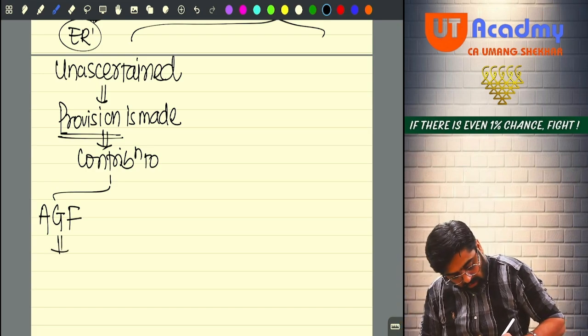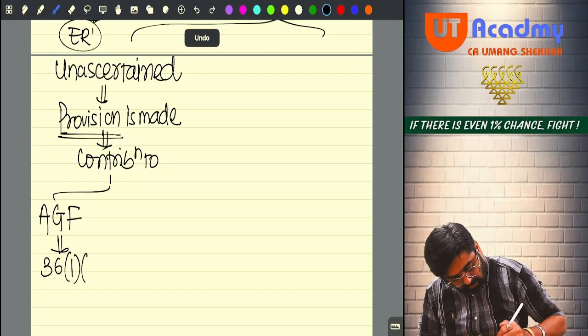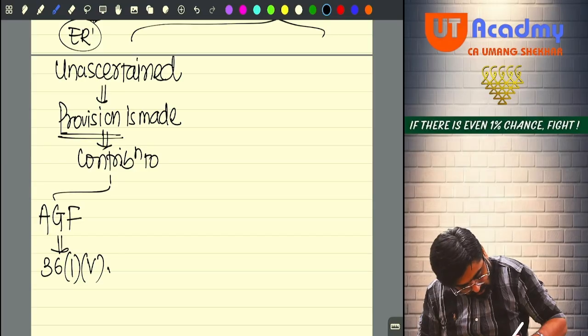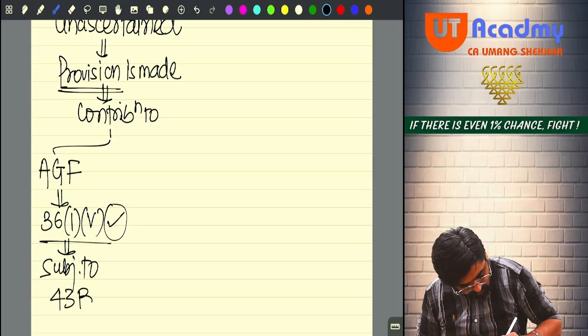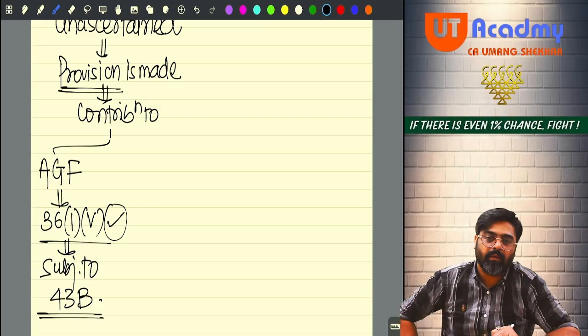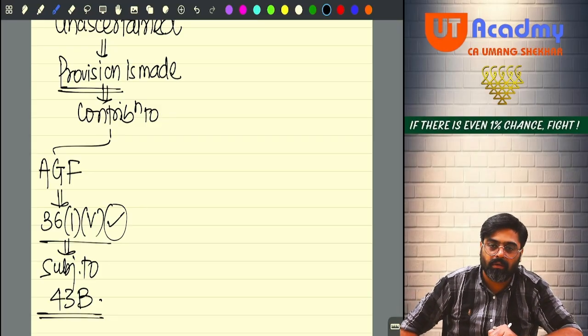We are going to allow this under section 36(1)(v). We are going to allow this amount, and wait, this will be allowed subject to what? 43B. Will you remember this, sir?